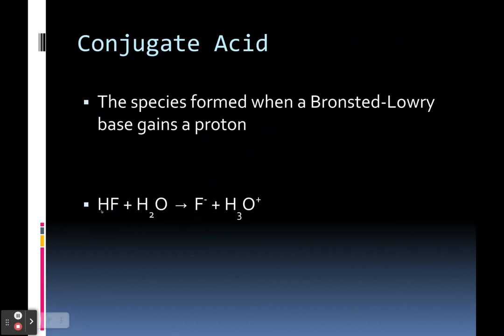So the one with the extra hydrogen in this pair is going to be your acid. Then our other two, water and hydronium, whichever one of those has the additional hydrogen will be the acid. So hydronium is our acid, and water would be our base.